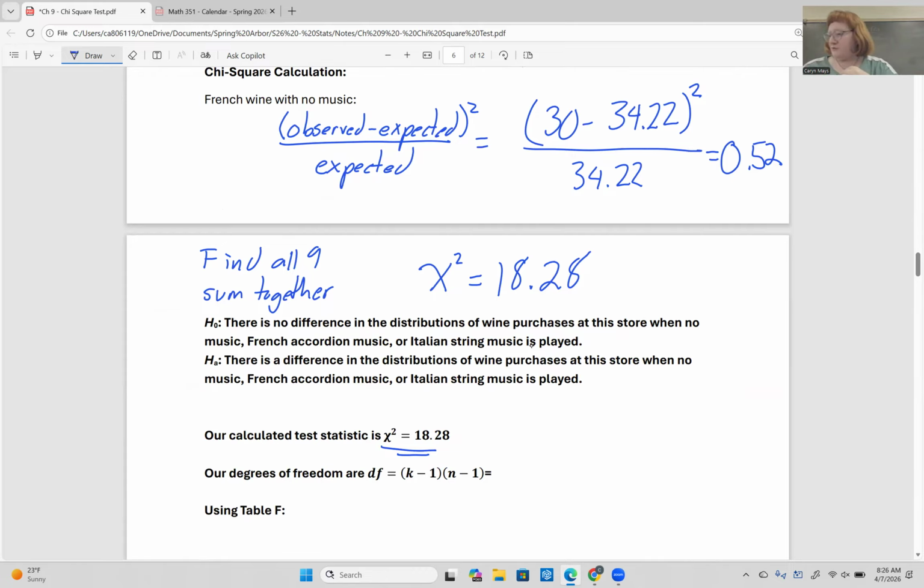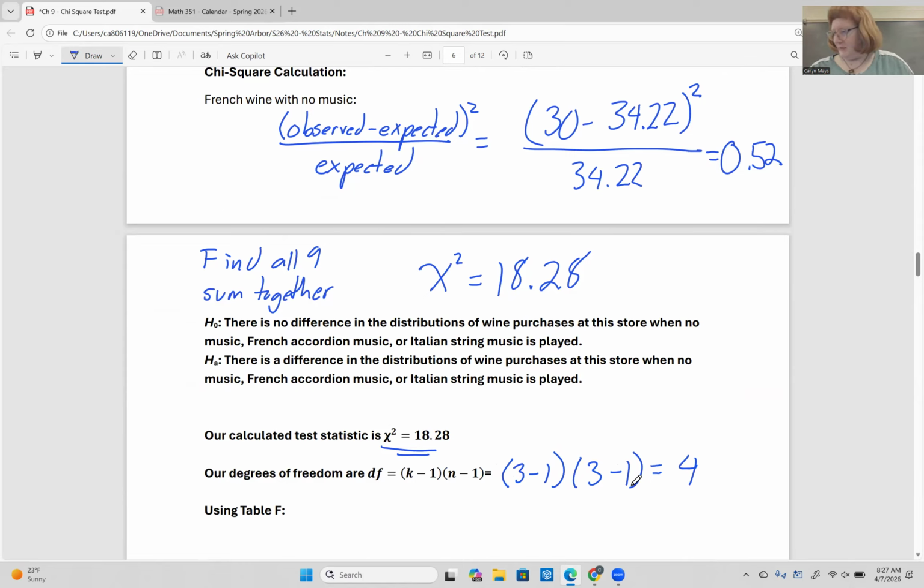So how many rows were there in our table? How many different things were we looking at being purchased? 3. And how many different treatments were there? 3. So we had a 3 by 3 table. So our degrees of freedom will be 2 by 2, or 4.